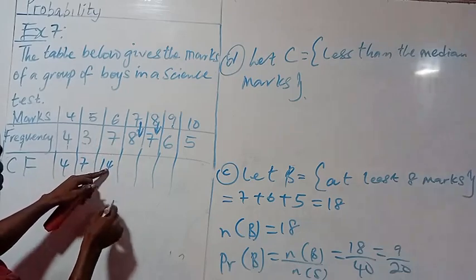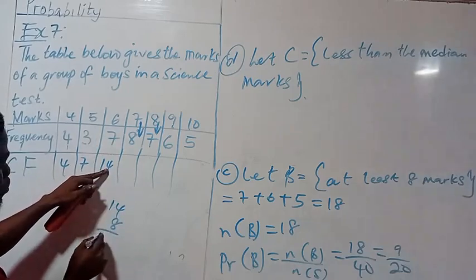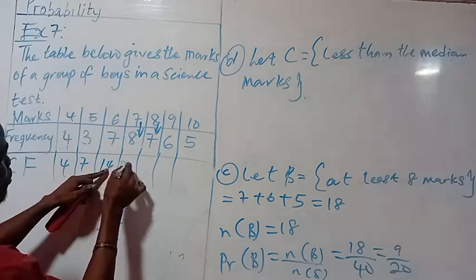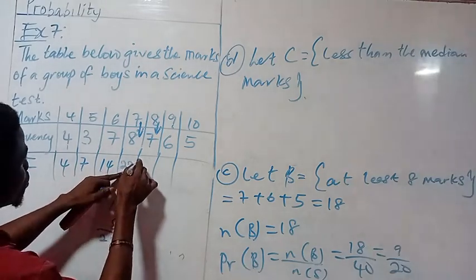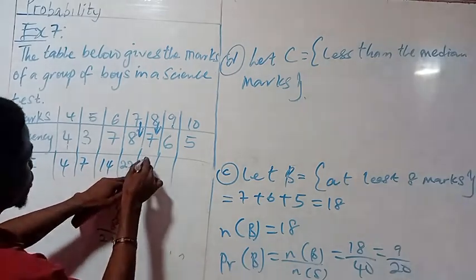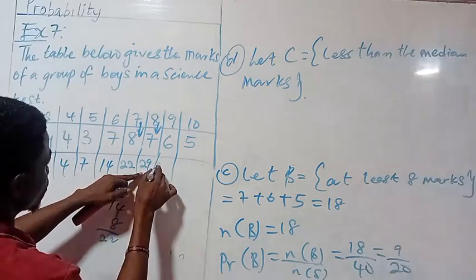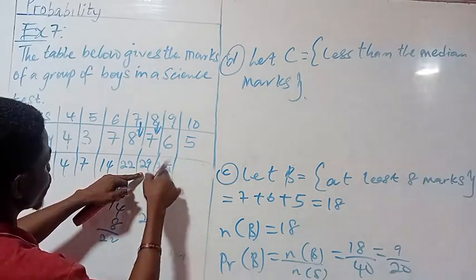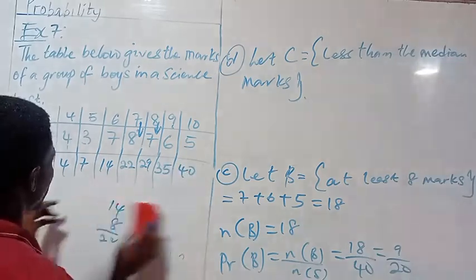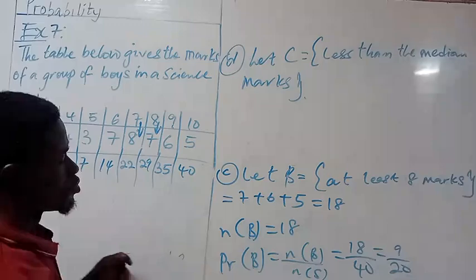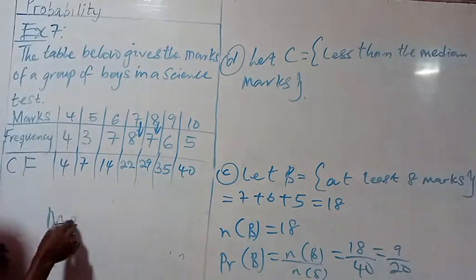This plus this, 14 plus 8, will give you 22. Then 29, then 35. Then 5 plus this one will give you 40. Okay? Now, what is the median mass formula?